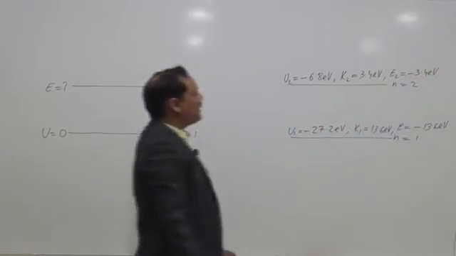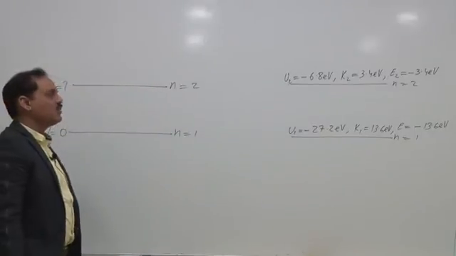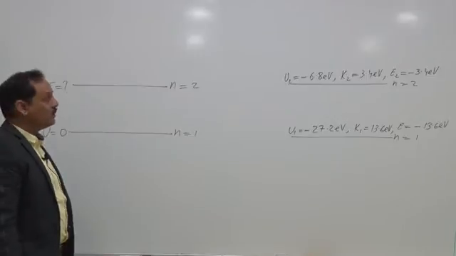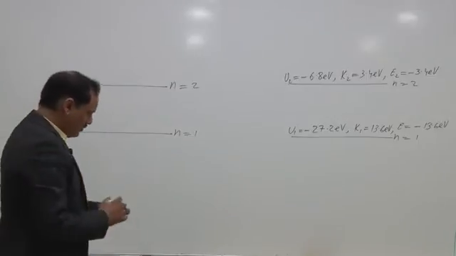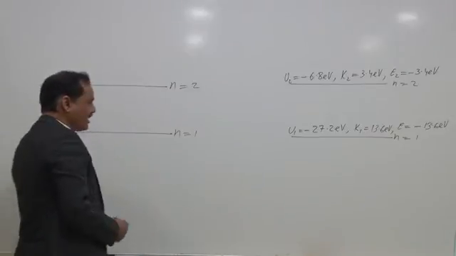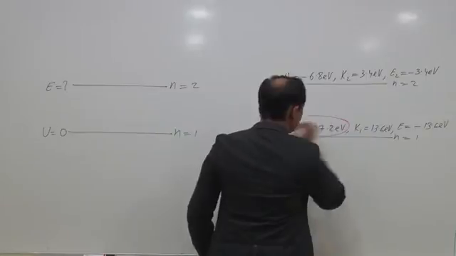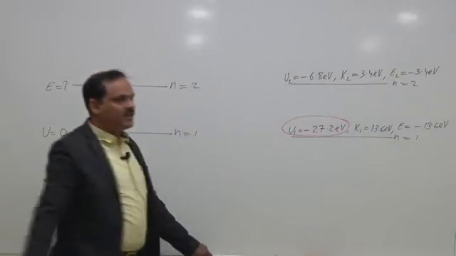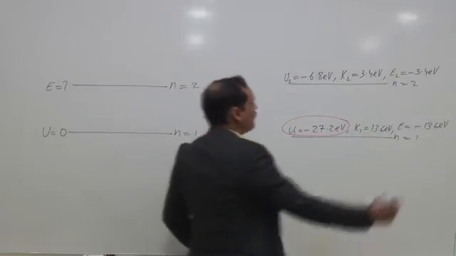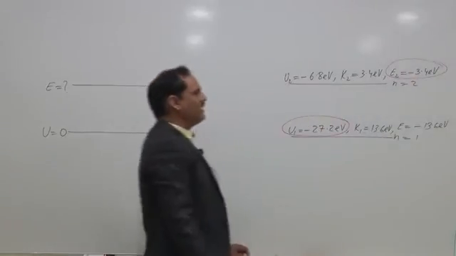These are the actual values of potential energy, kinetic energy and total energy at n equal to 1 and 2. Now, it is said that potential energy in the ground state is taken to be 0. Then what will be the total energy in the first excited state that we need to find?